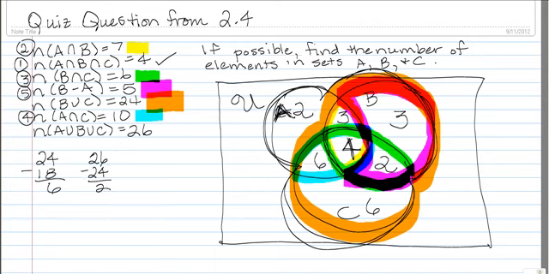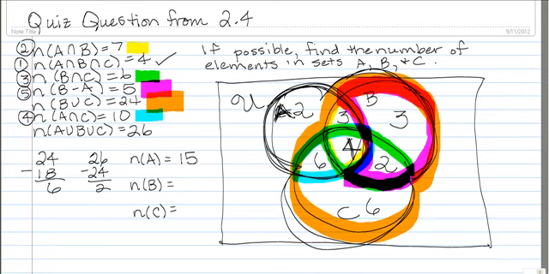Now the question is, do we have enough information to actually give us the number of elements in A, B, and C? And the answer actually turns out to be yes, because we filled in numbers for all the regions. So the number in A would be 6 plus 4 is 10, plus 3 is 13, plus 2 is 15.